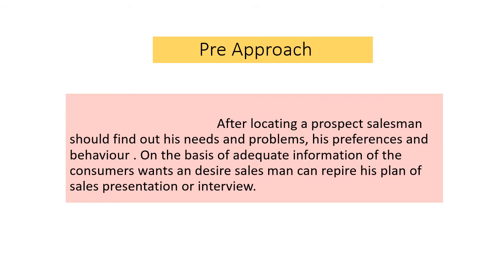On the basis of adequate information of the customer's wants and desires, the salesman can prepare his plan of sales presentation or interview. The sales presentation should match the needs of the individual prospect. It should enable the salesman to handle his prospect smoothly through the buying process, that is, during the sales talk.